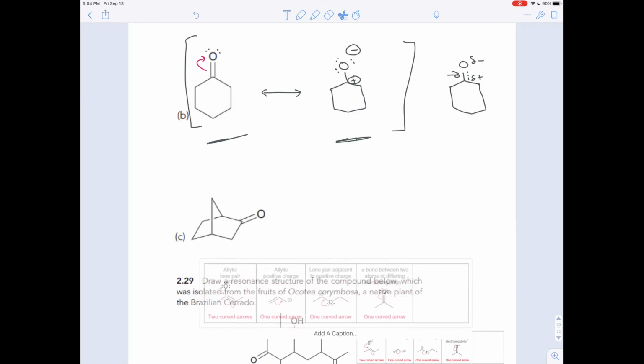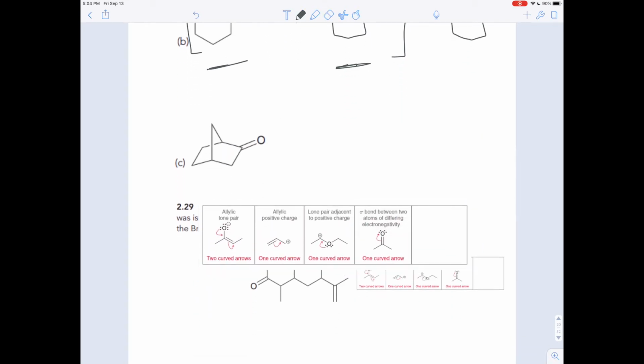Okay. Last but not least, C. In this one, you see a very electronegative atom, nitrogen, oxygen, fluorine, and chlorine. And it has a pi bond going to it, so you have this 4th resonance pattern.